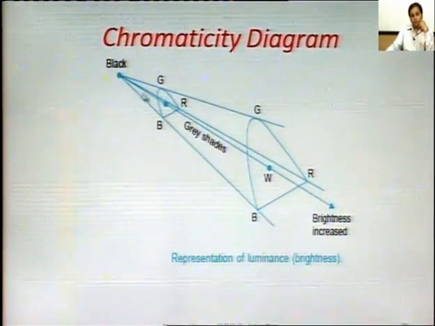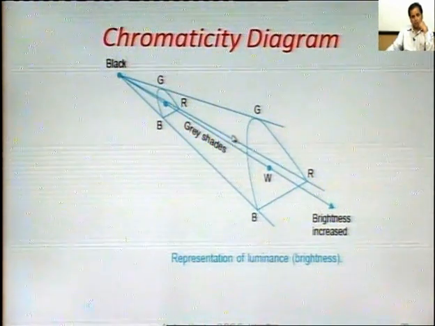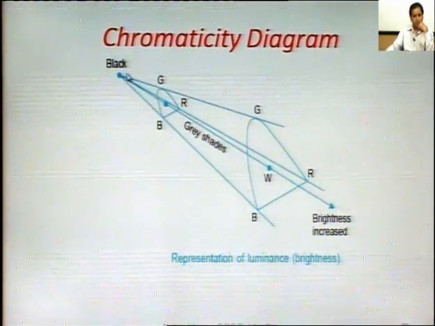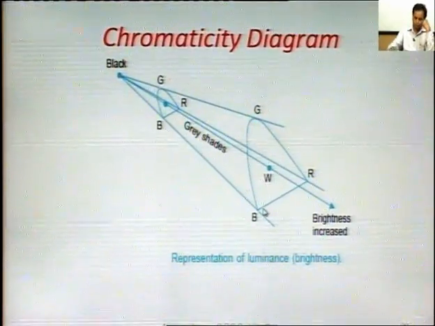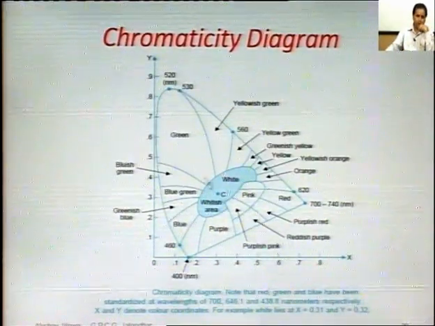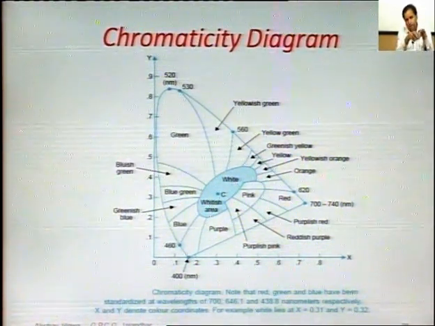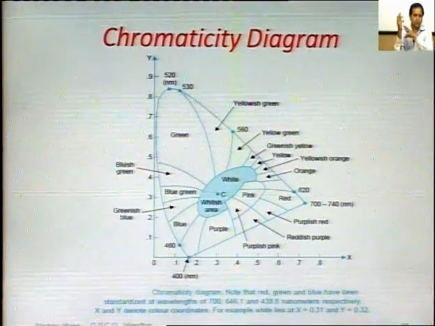So, if a particular color is displayed like this in the chromaticity diagram, and if we go back to the previous diagram, a particular color will be perceived as if it is coming out of that scene in a particular shade.